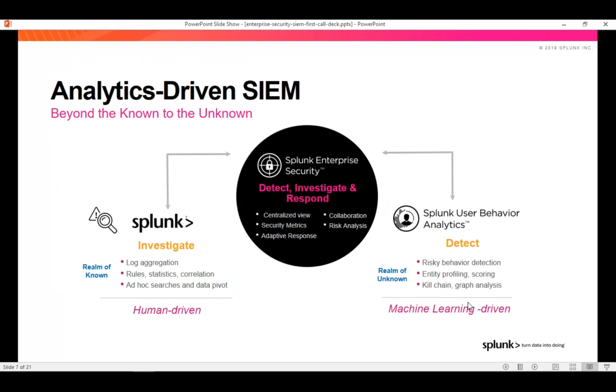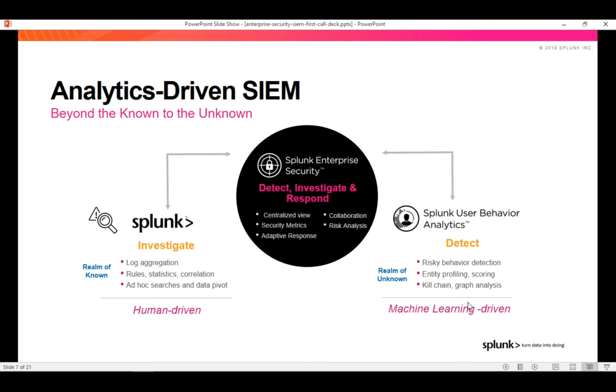So with Splunk, there are two components. Now, I would like to tell you that Splunk's analytics-driven SIEM follows a use case based approach, wherein they try to cover all the known use cases with technology and all the unknown use cases, or the surprises, with machine learning and AI. So on the left, you can see Splunk Investigate or Splunk Enterprise Security, which has the capability to aggregate the logs from any data source, any data type and in any volume.